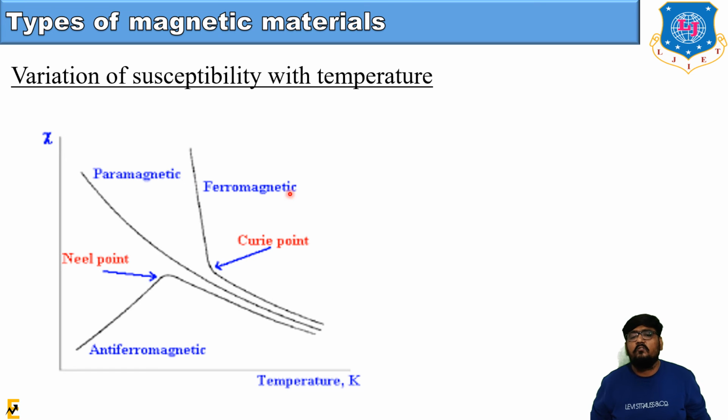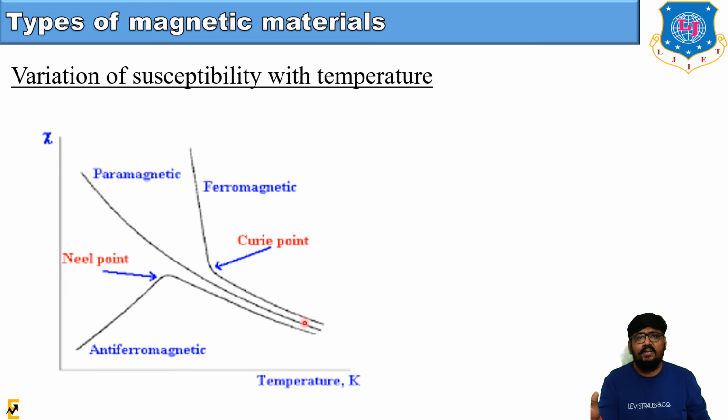Now let us talk about ferromagnetic material. For a ferromagnetic material, with the increase in temperature, magnetic susceptibility decreases drastically. As you can see, initially with a small increase in temperature, susceptibility decreases by a very large amount up to a certain point, that is the Curie point. And then after, with the increase in temperature, susceptibility decreases gradually.